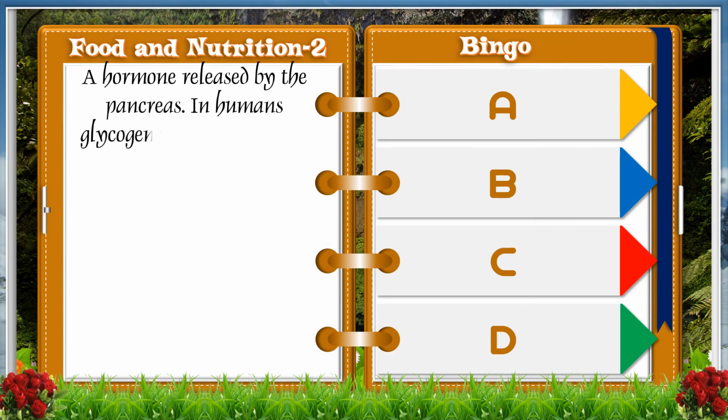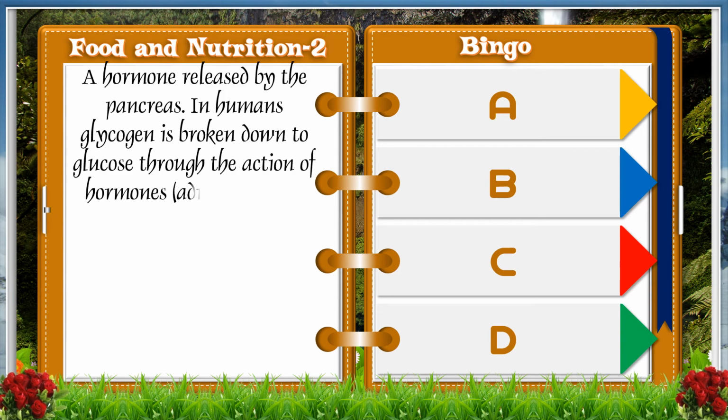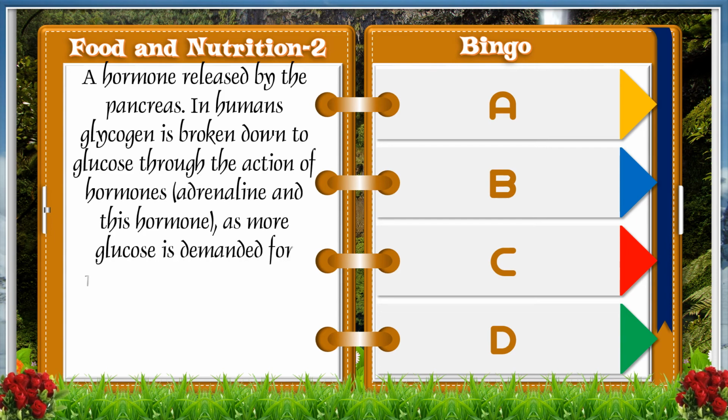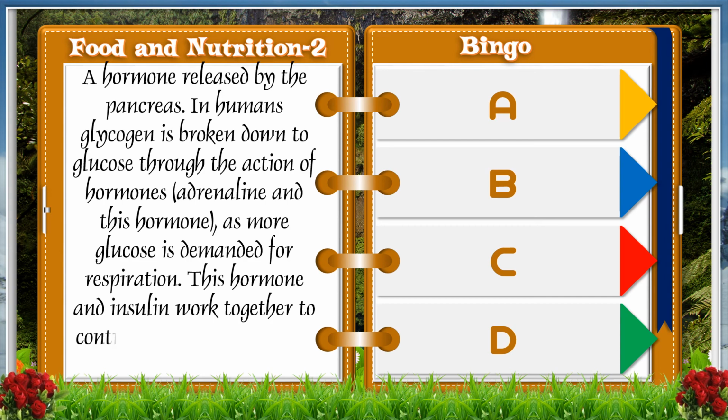A hormone released by the pancreas. In humans, glycogen is broken down to glucose through action of hormones adrenaline and this hormone. As more glucose is demanded for respiration, this hormone and insulin work together to control the level of sugar in the blood.